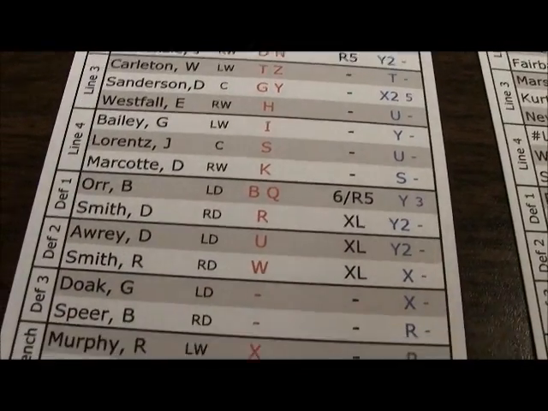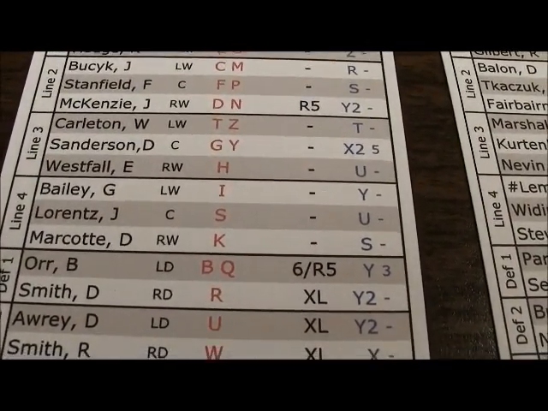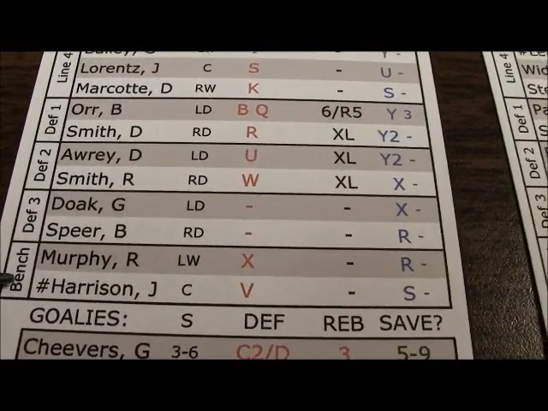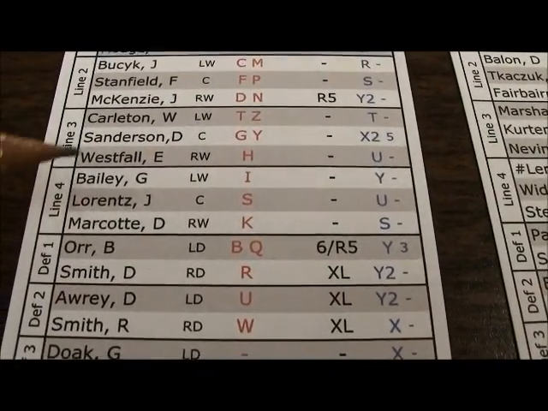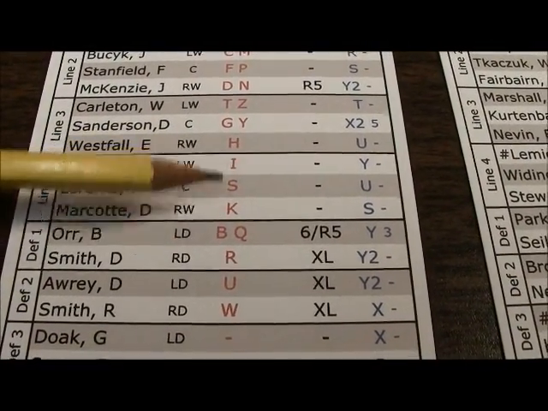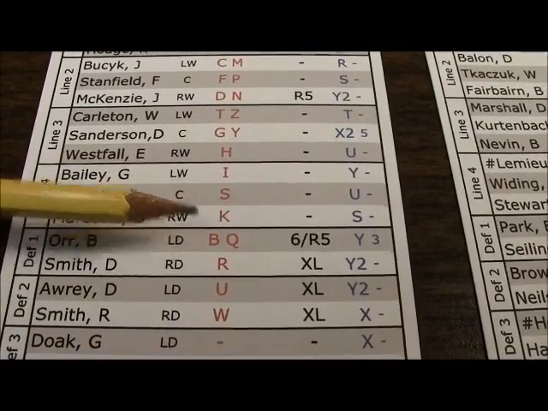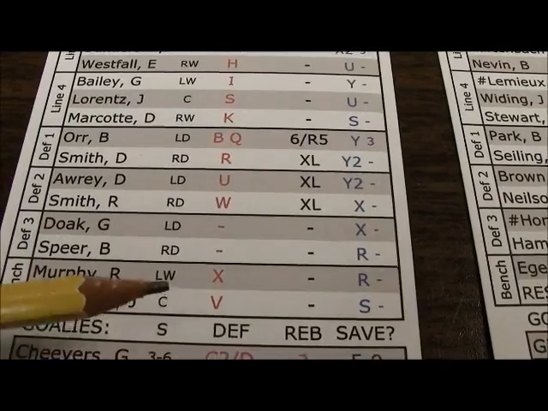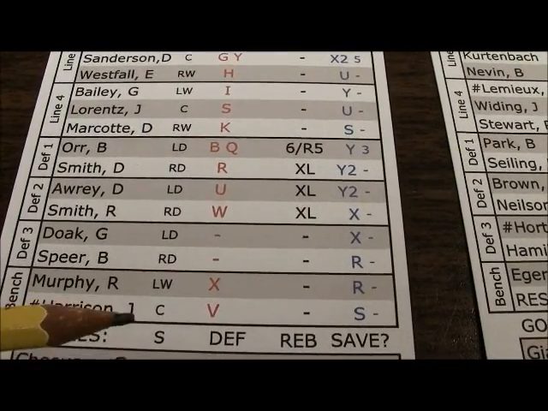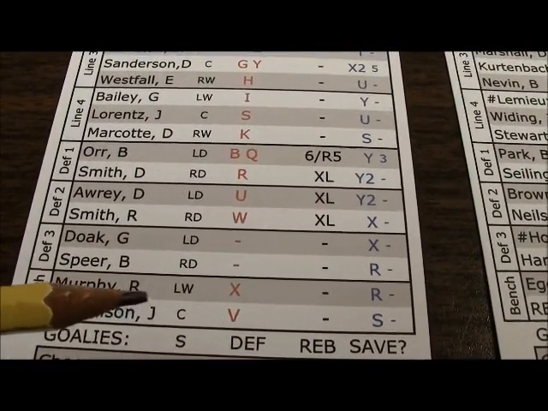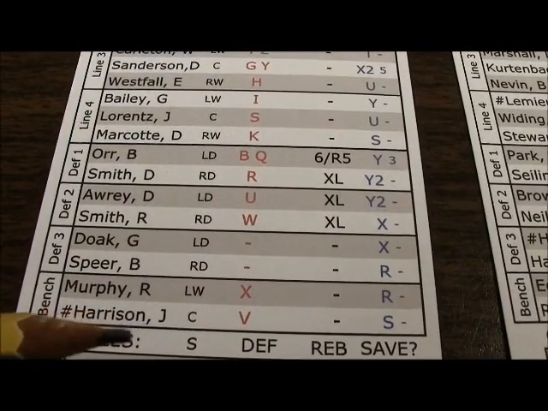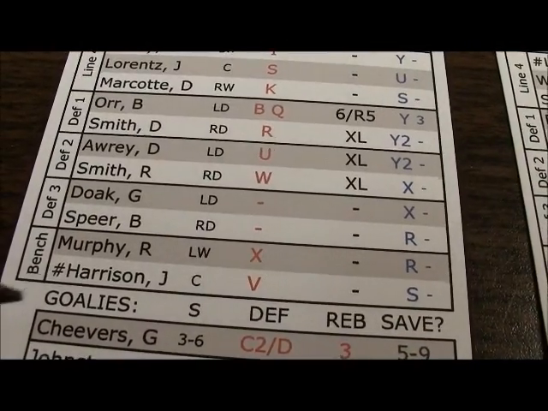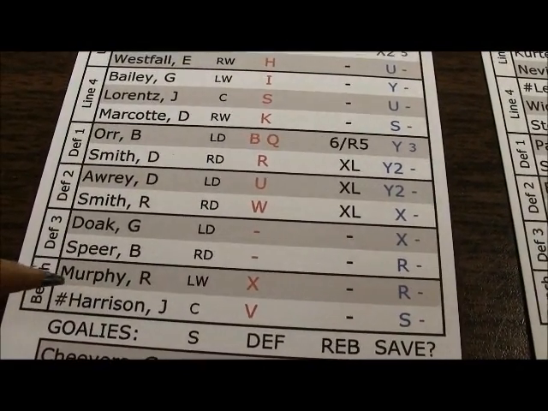Now in the case of Boston, they have both a 4th line and some forwards on the bench. So in this case, if one of these players scored by their scoring letter, then you know line 4 is on the ice. If one of the bench players scores, since they don't have a line, how you handle it is you can roll a die or use whatever method to determine which line this player is substituting in on.